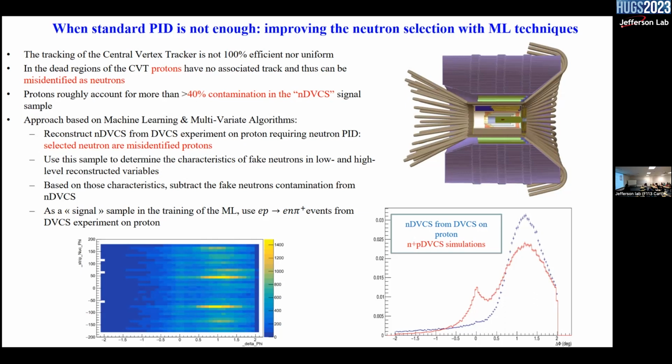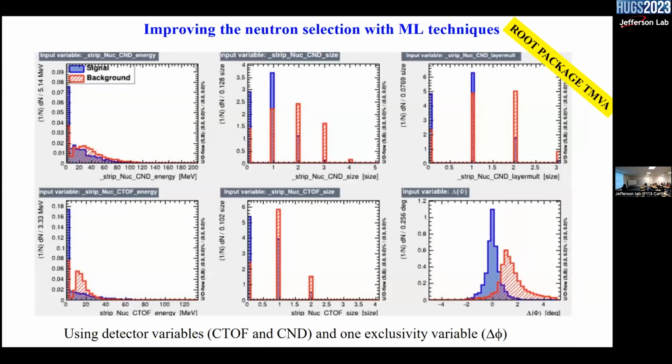We looked also at EP data, so on proton target, with the final state that was reconstructed as neutron DVCS. But being on a proton target, there could be no neutron DVCS. You cannot make a fully neutral final state if you have a proton target. So these two samples were both coming from the data, and they were used to train the machine learning algorithm. And here you see what we use. There are probably more sophisticated methods, I don't know.